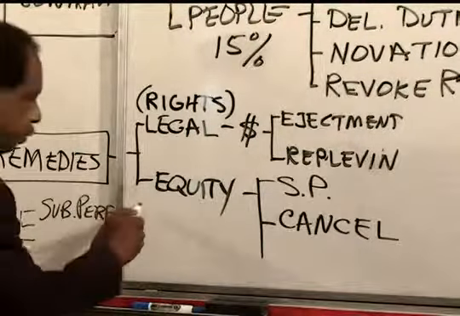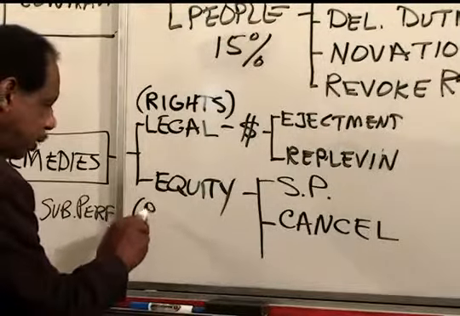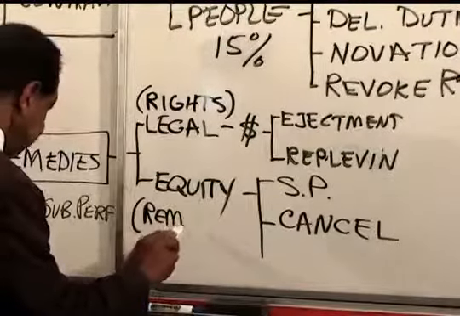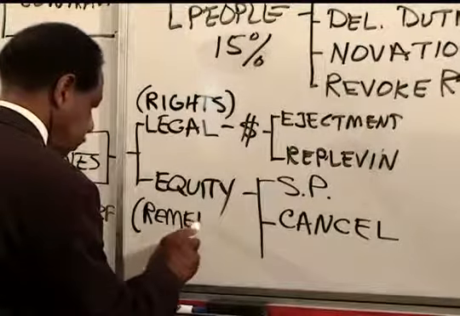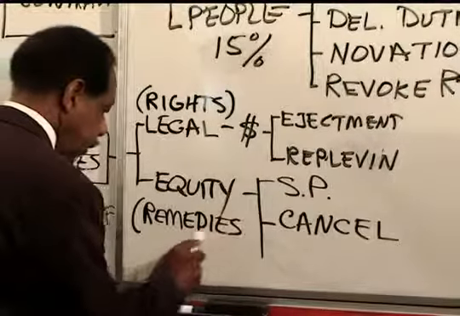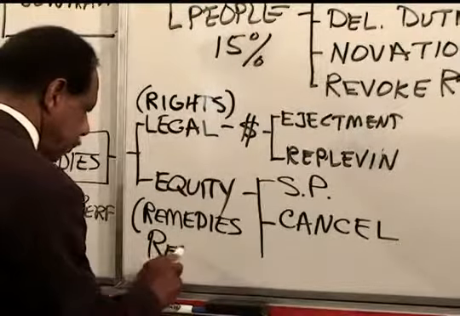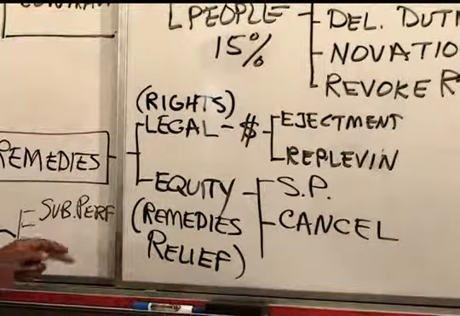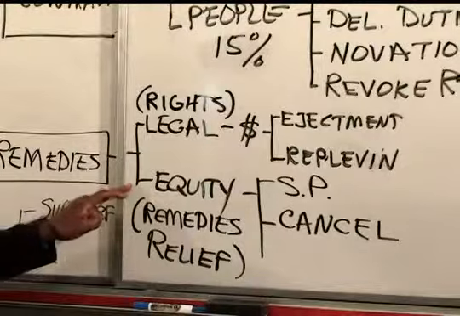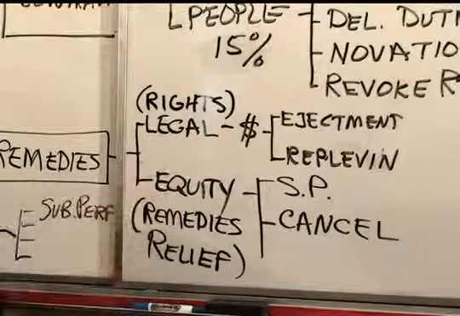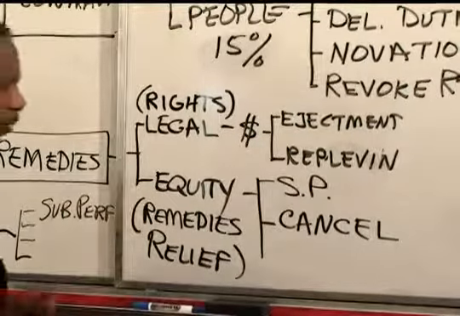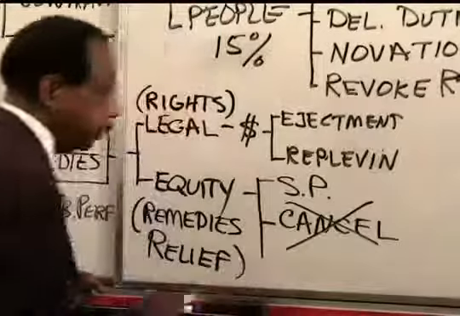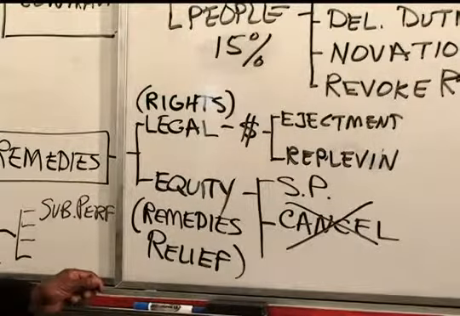Equity: if they ask you about the person's remedies, or they ask you about relief, if they ask you about either of those, they're asking you about the equitable remedy of specific performance. Cancellation, I've never seen this actually happen on the bar, so it's always specific performance.